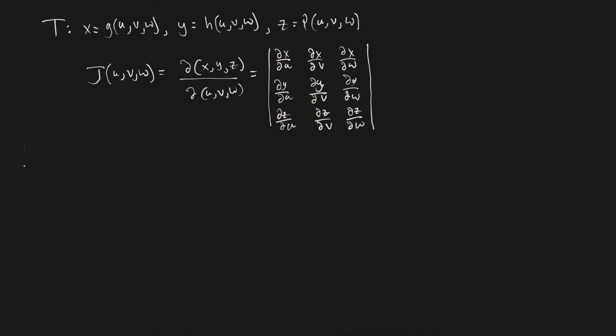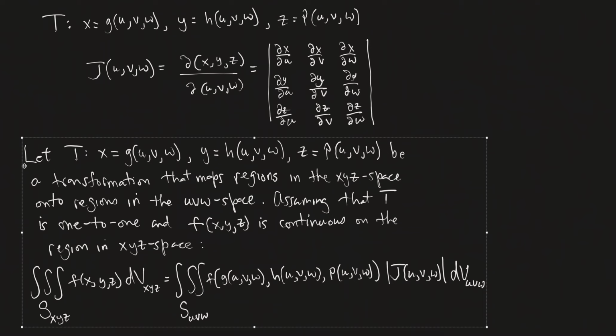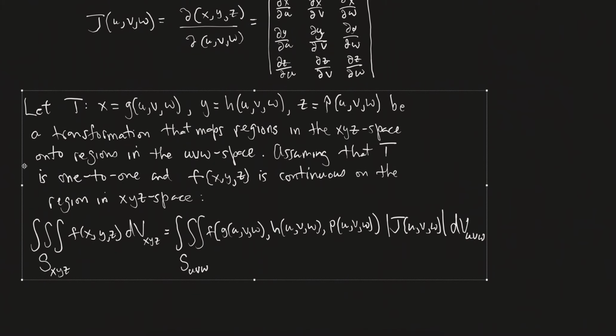Now, as I did for double integrals, I didn't write out the theorem, because it's a pretty long theorem, and I've already summarized it. I'm just going to paste the theorem, and then we're going to walk through the key pieces. If you look closely at what we did in the 2D case, you'll see something very similar here. So let me go ahead and paste this, and there's our theorem.